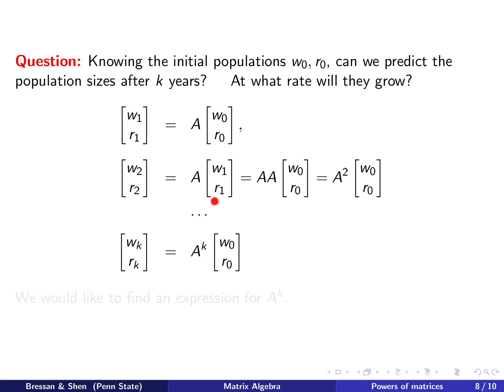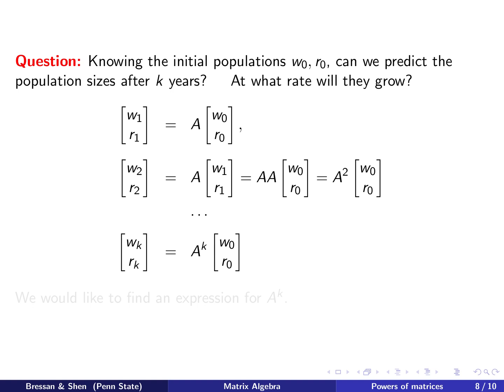And we plug in the expression for W1, R1, which is A times W0, R0, and then we see that we have an A squared. So it's pretty similar to the discussion of a single population model, where you just get one number for one population. But here we have a vector for population and a matrix representing how it grows.